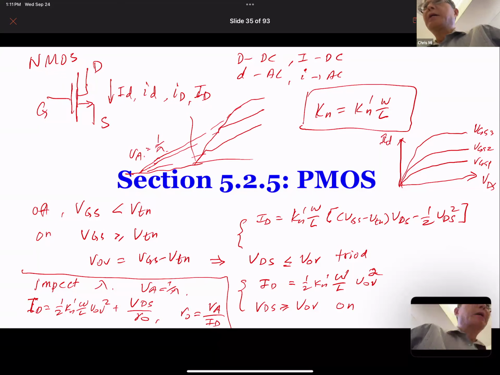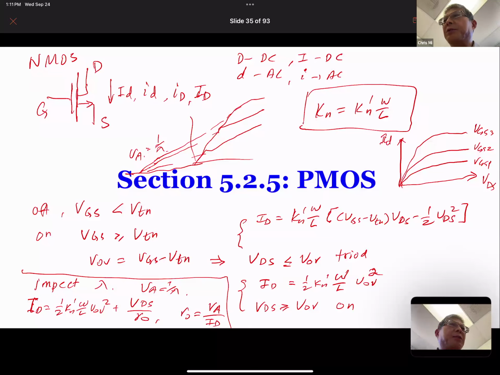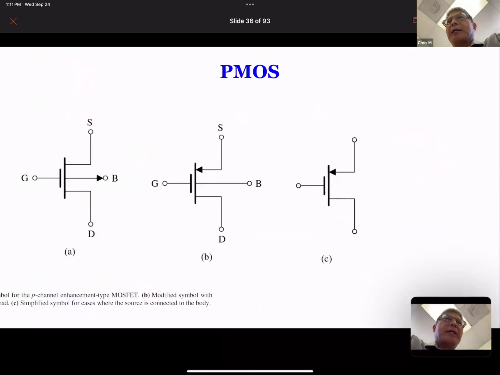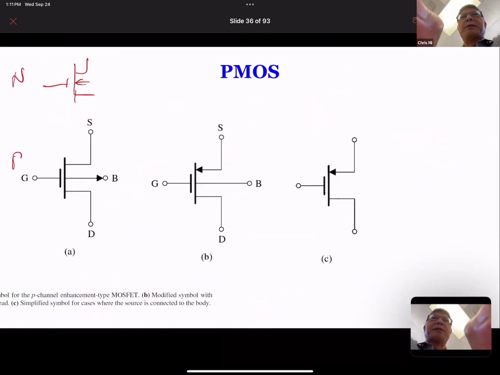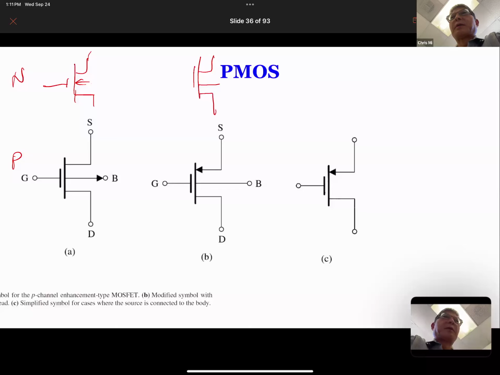Okay. So now we will switch on to our PMOS. The symbol of PMOS is very similar to NMOS, except that the arrow direction is different. Remember, in NMOS, the direction is like this. So this is PMOS. The corresponding symbol for NMOS is the one in the middle, with an arrow pointing down at the source.